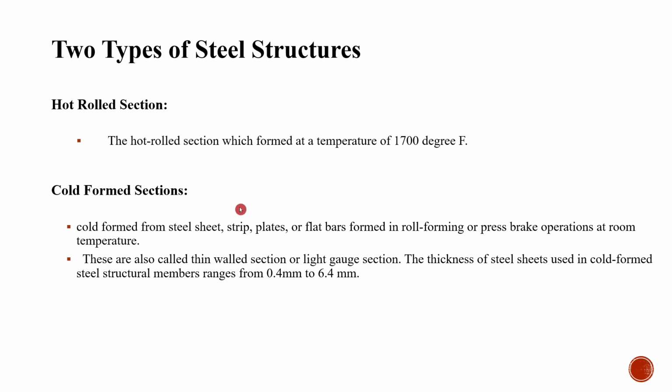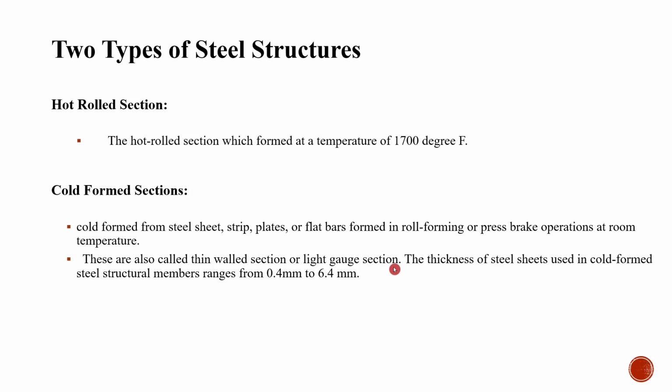and the cold-formed sections are generally a steel sheet, strip, plate, or flat bar, and they are made by forming, basically roll forming or press breaking operations at room temperature. They are also known as thin walled sections as well as the light gauge section.